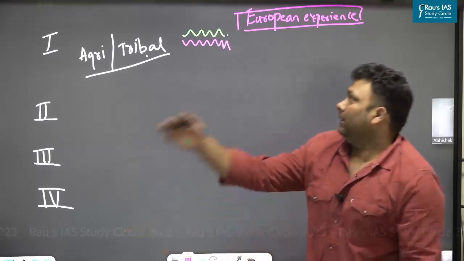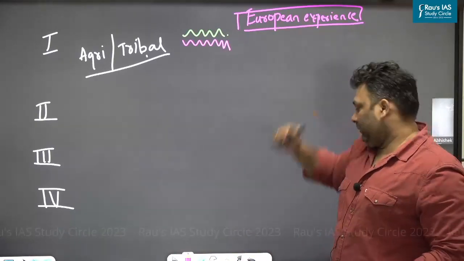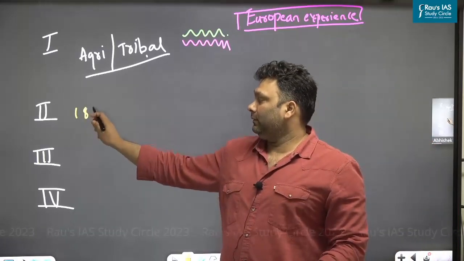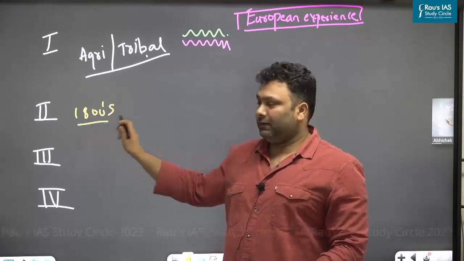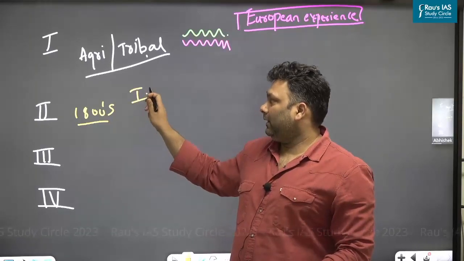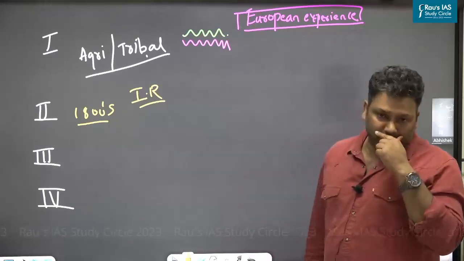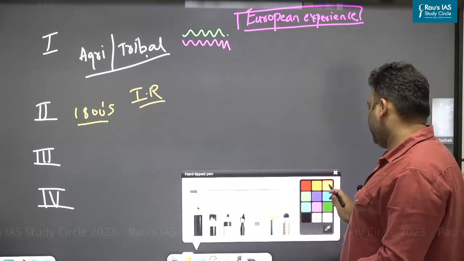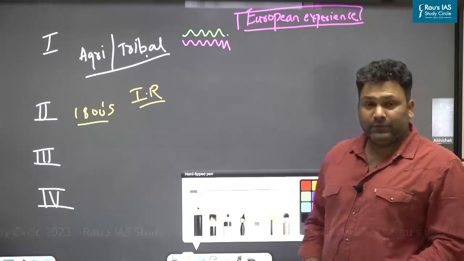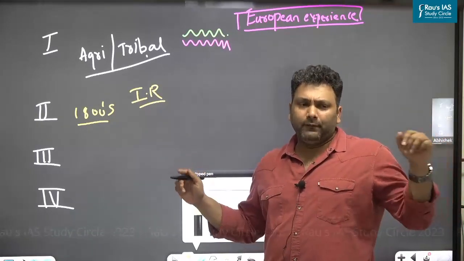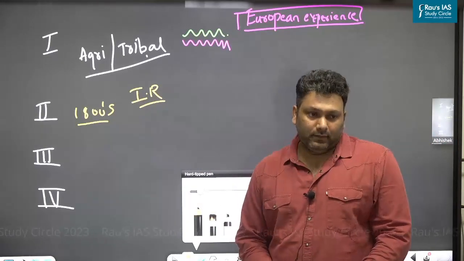Now, we are talking about the European experience. What happened in the 1800s in Europe? What has started? The industrial revolution has started. When the industrial revolution started, people started producing more food because a form of green revolution came into this area in Europe.